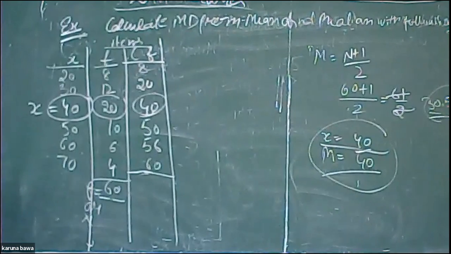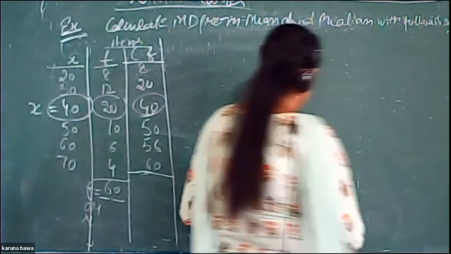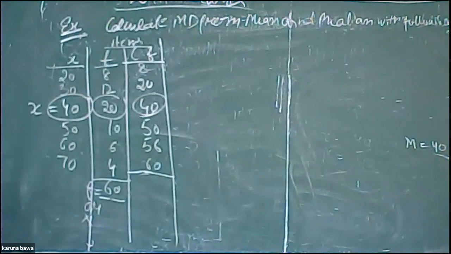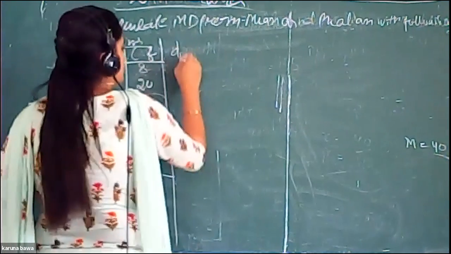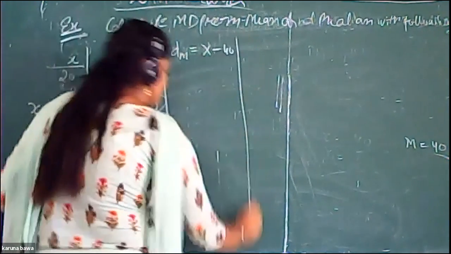On the other hand, secondly, find out the deviation from median. X minus median value, which is 40.